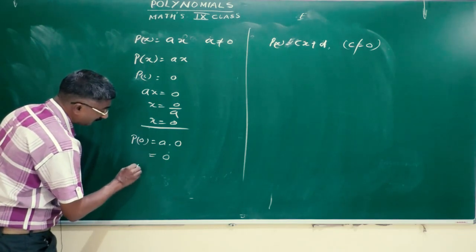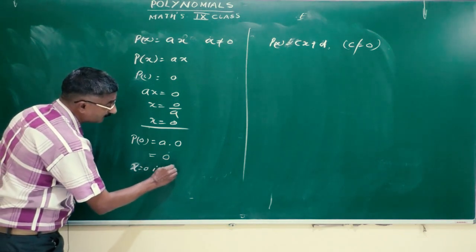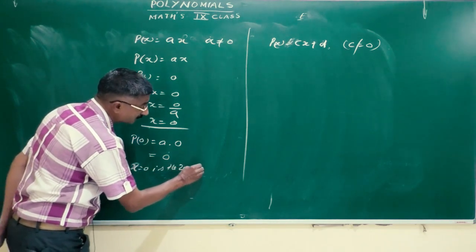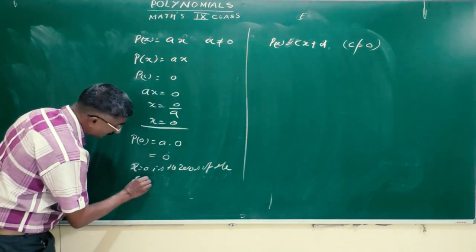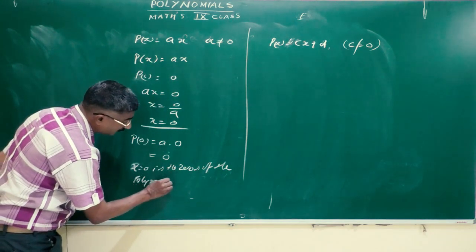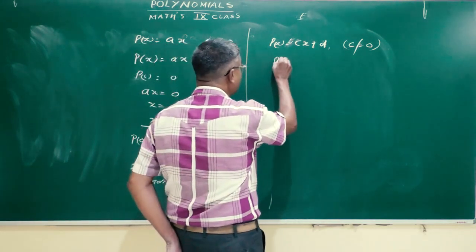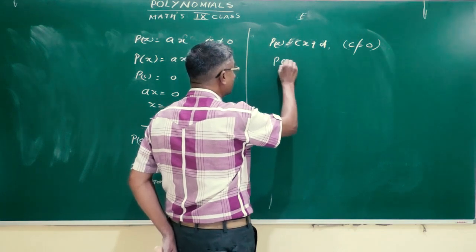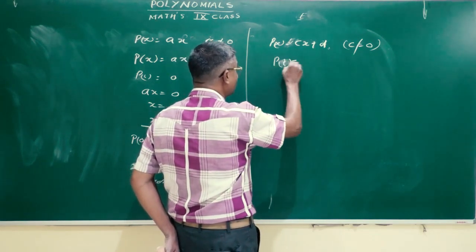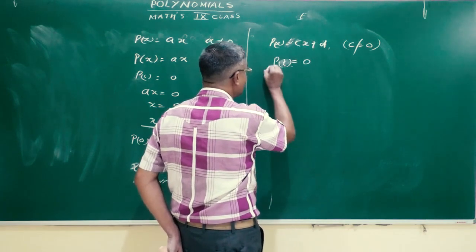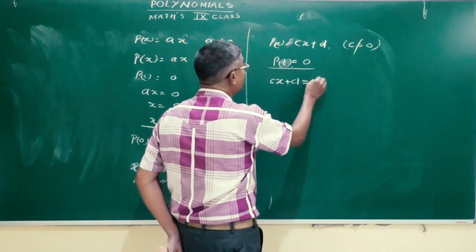So x is equal to 0 is the zero of the polynomial. Okay. Now Px, or instead of c I will write t, because c is used here, is equal to 0 means Cx plus D is equal to 0.